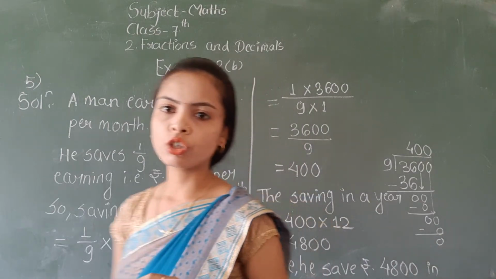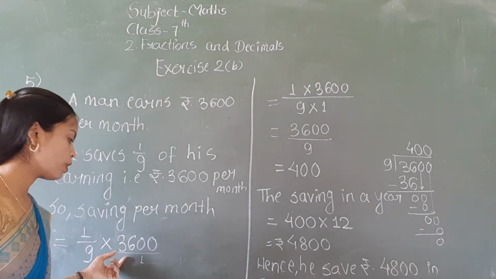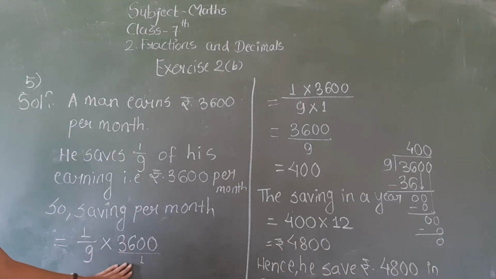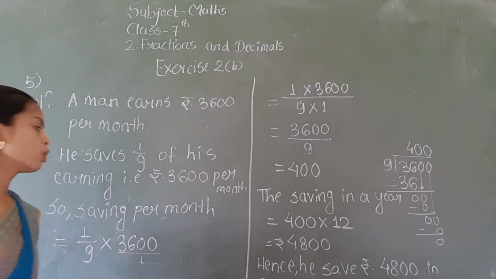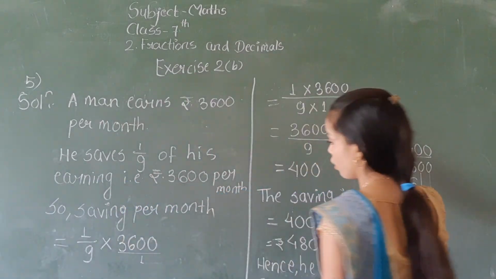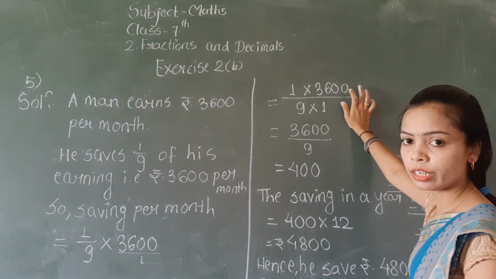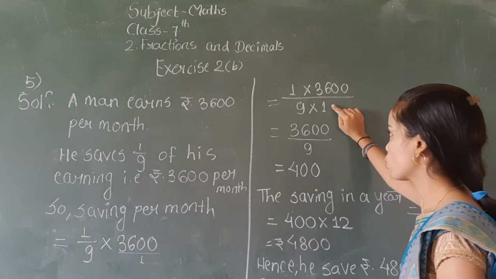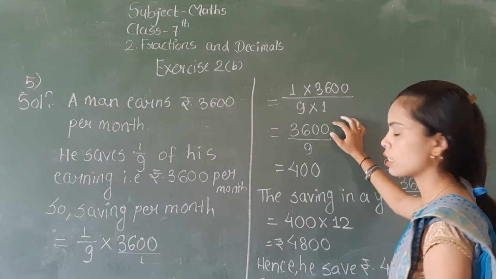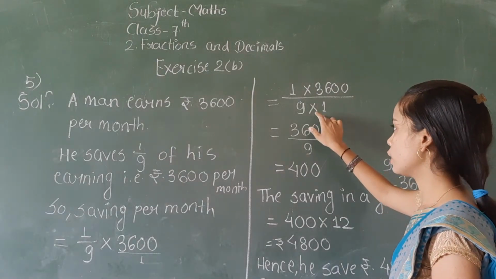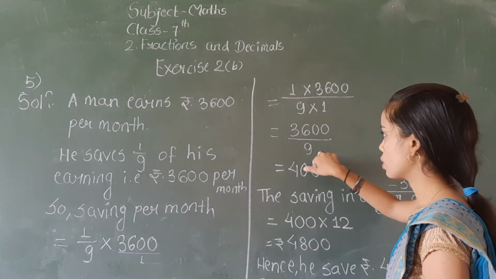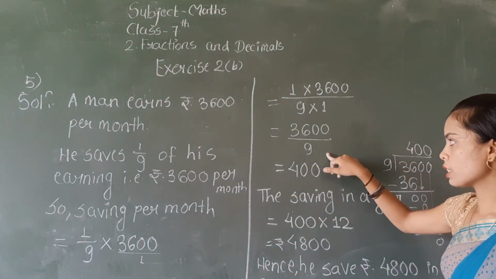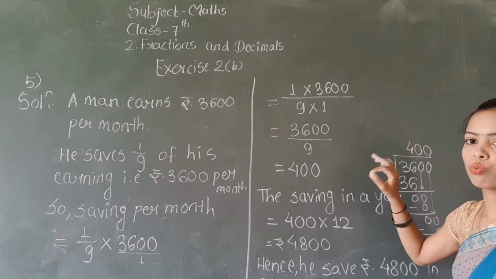Since there is no denominator for 3600, we write the denominator as 1. So 1 into 3600 is equal to 3600, and in the denominator 9 into 1 is equal to 9. After that we divide 3600 by 9, that is equal to 400.